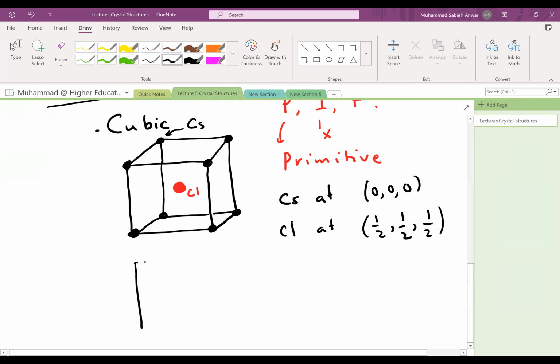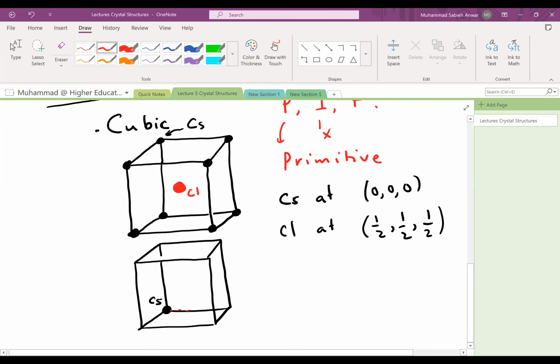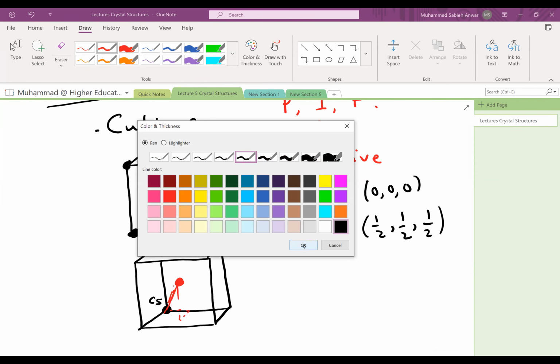And what you could do is you could simply take one point of the unit cell. Let's take the origin and put a cesium here and put a chlorine at the location 1 half, 1 half, 1 half, which is the body center. So this duo of atoms, a cesium and a chlorine atom bonded together, they form your basis. So you take any point of this lattice.